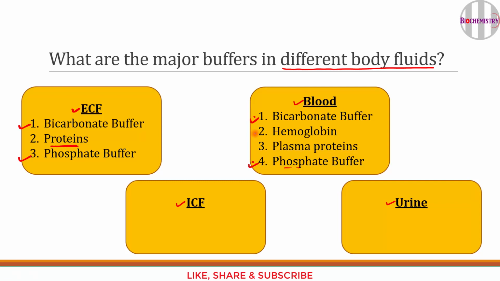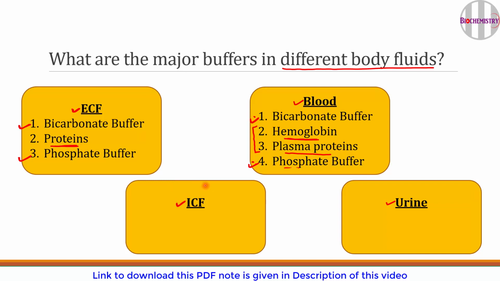In case of blood, the situation is the same: the middle rank is of the protein. But we know that in the blood, hemoglobin is richly found, right? So here hemoglobin is given the second rank, and all other proteins, known as plasma proteins inside the blood, are given the third rank. So ECF and blood are practically the same as far as buffers are concerned.